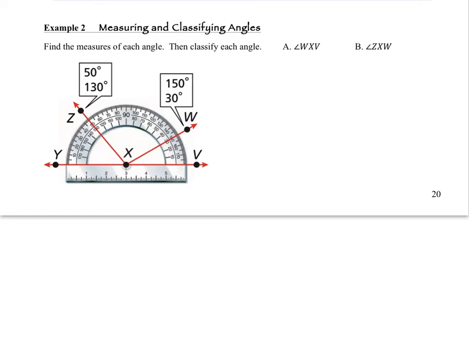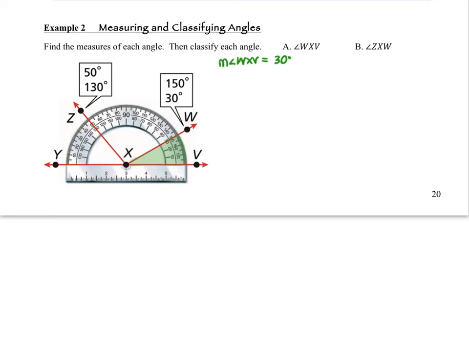So we would be able to say the measure of angle WXV is equal to 30 degrees. Now, if we decided for whatever reason to use the outer ring of numbers, which we can do, once again, it's going to line up with 180 there, and it's going to intersect with what looks like 150 degrees.